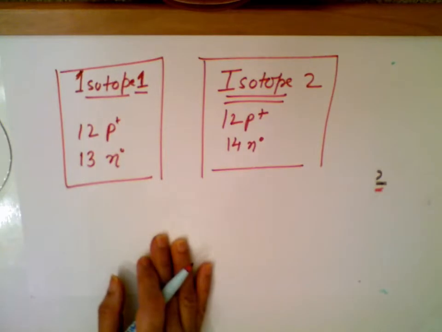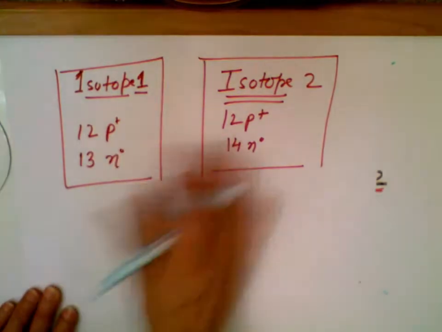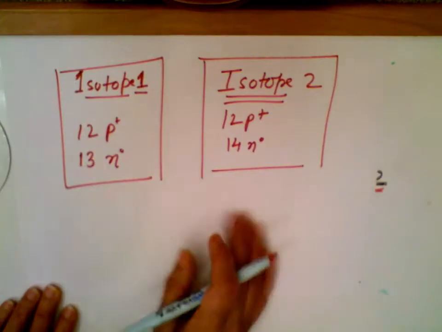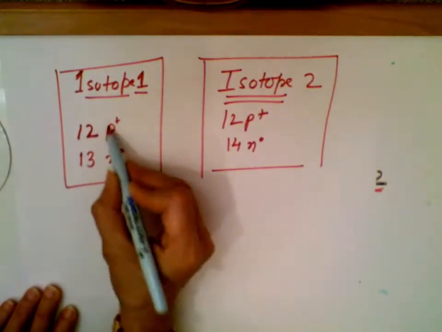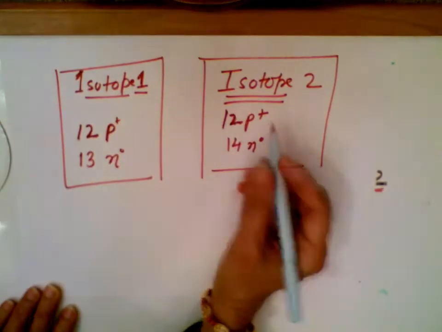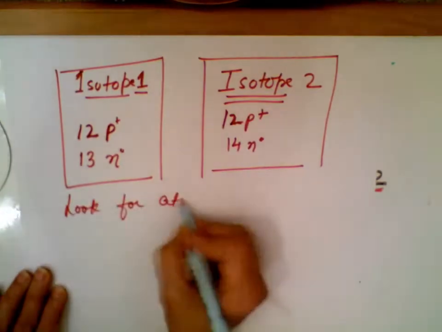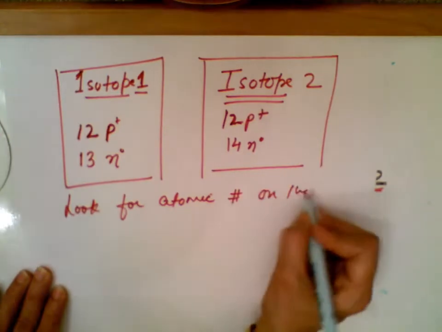Now your job is to identify what element it is. You remember, guys, what we have learned earlier: the number of protons determines the type of element. So what are you going to do? You are going to look at the periodic table and look for number 12, which is the atomic number.